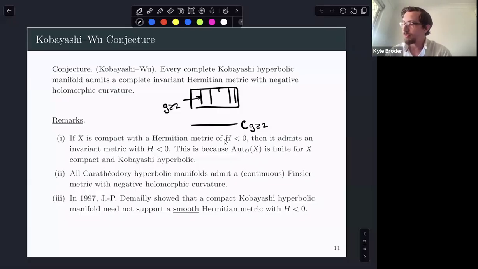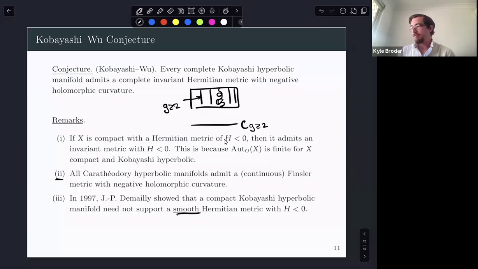But then he produces a fiber that's so singular that it violates a criterion that he establishes for metrics with negative holomorphic curvature. But this doesn't say anything about the Carathéodory hyperbolic case or the non-compact case. And so for a long time, I thought, well, maybe it's just that smoothness was a big deal. Maybe one could work with very singular metrics of negative curvature, and maybe those still existed.